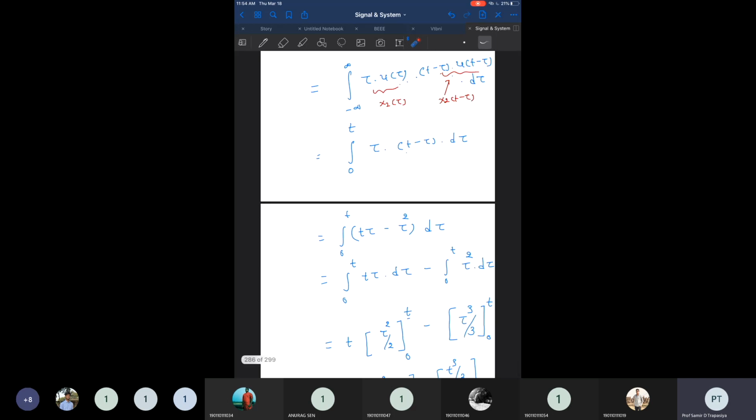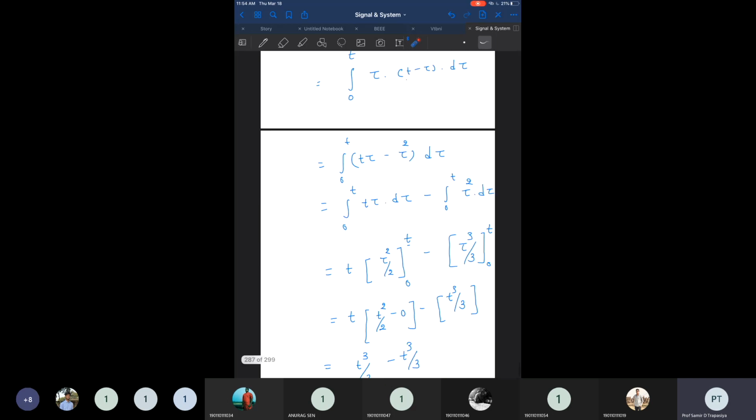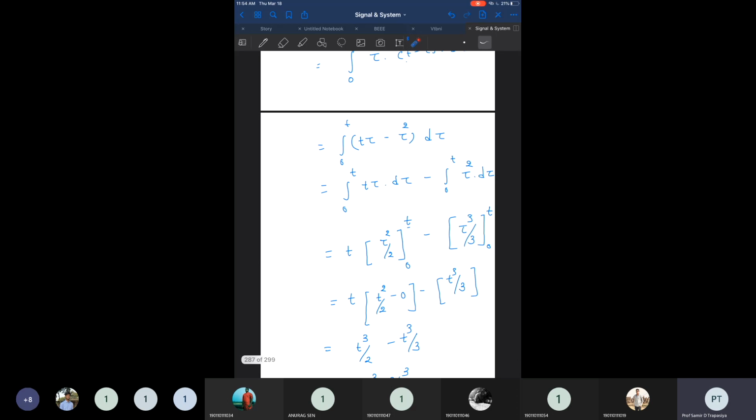And if we simplify this, it is t times tau minus tau square, and if we take the integration further, we are left with two separate integrations, one for d tau and the second for tau square. The integration of tau square is tau cube by 3. We can apply the limit 0 to t, and t is common, so we are left with tau square by 2.